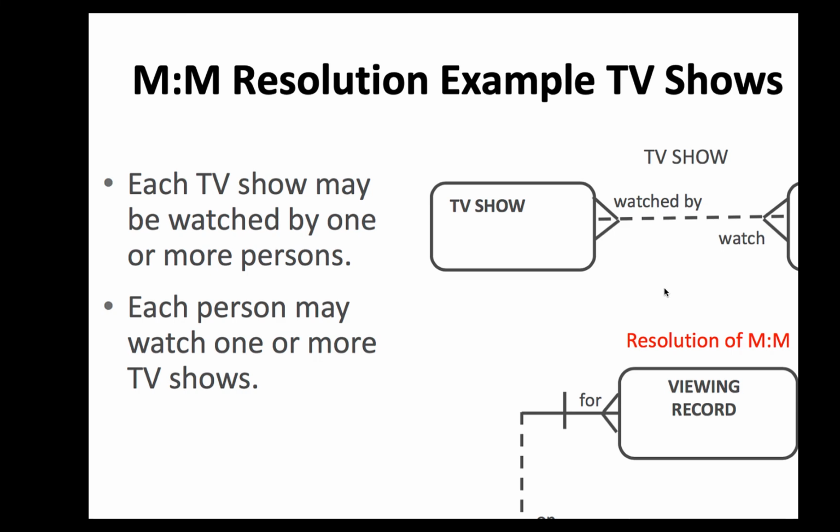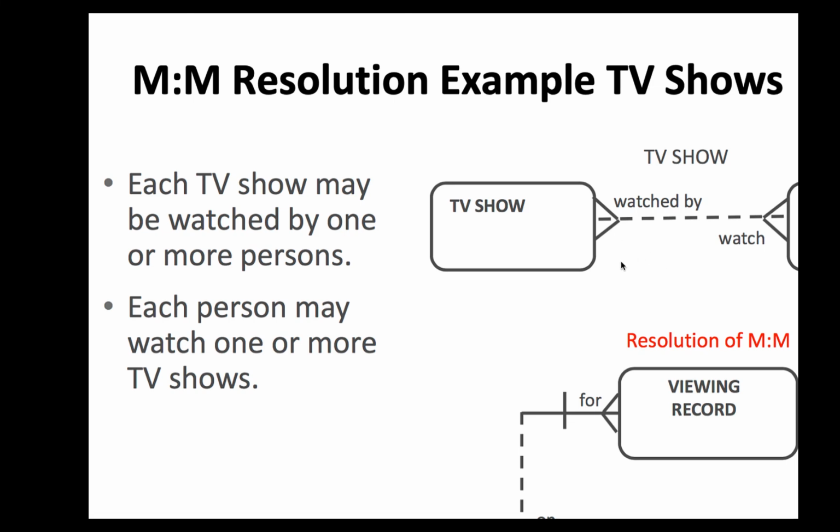So there is another example. We have one entity, TV show, and obviously many persons can see it, right? But obviously one person can watch many TV shows. So it means that the relationship is many-to-many, right?